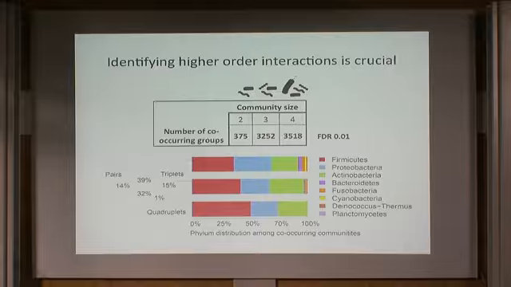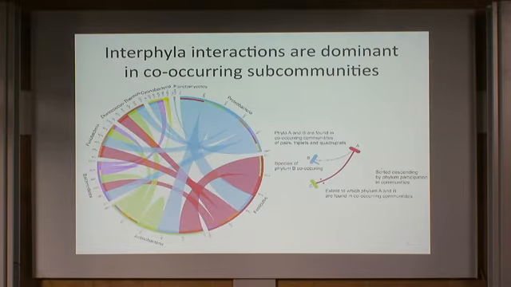And despite that, you have only three dominant phyla. Actually, you can see here they are. So it's like a circle diagram, where each ribbon represents that species from this phylum of bacteria are more often found in this other phylum, and why it looks somehow strange.